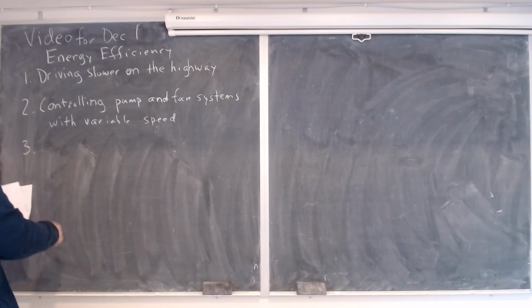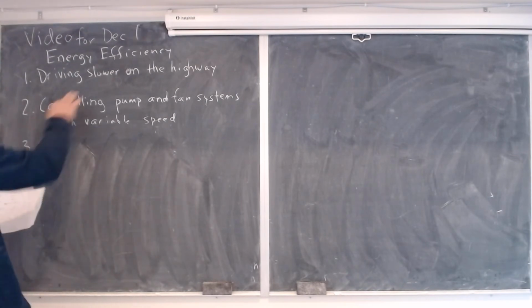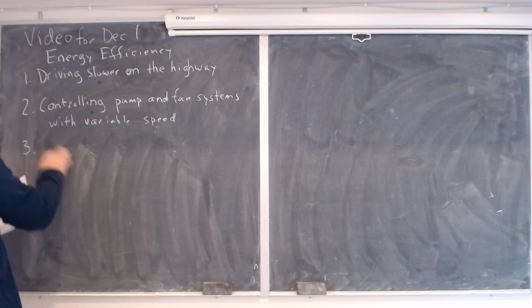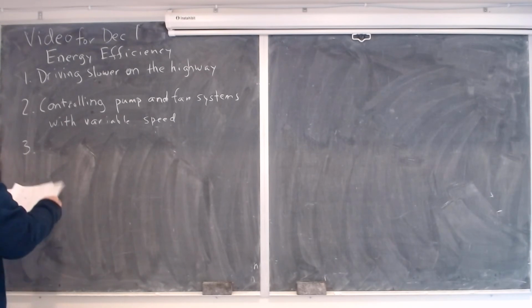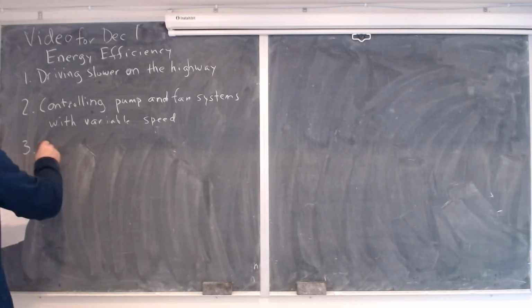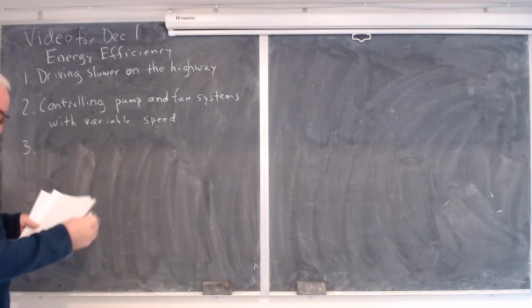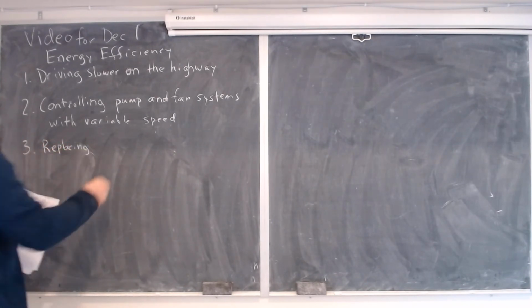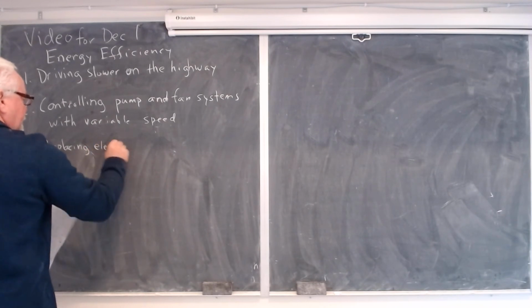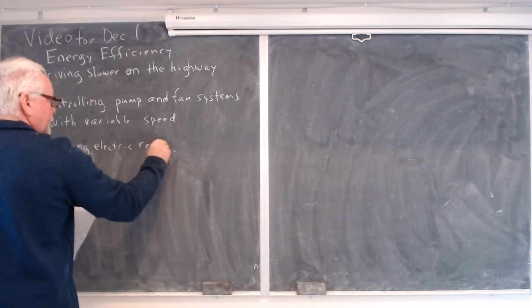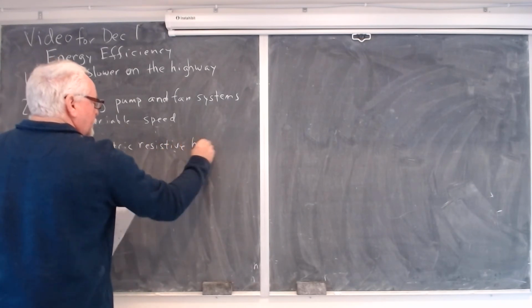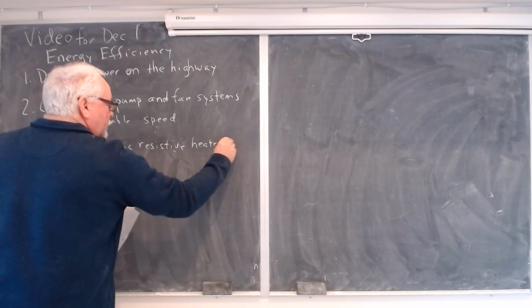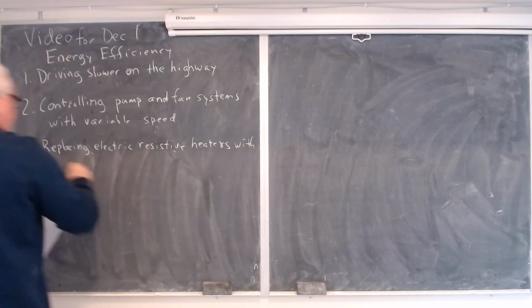So this is transportation, this is industrial. Number 3 is kind of a mix between industrial and residential or commercial. I'm going to describe it as an efficiency principle: replacing electric resistive heaters with heat pumps.